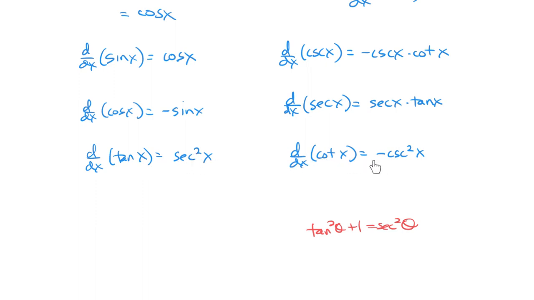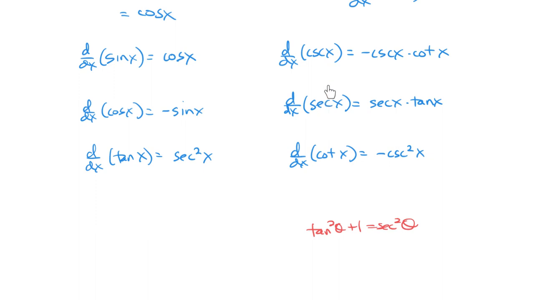Then it's easy to remember what cotangent would be with a cosecant, and it's a cofunction, so it's negative. And there's also a similar Pythagorean identity for cotangent: cotangent squared theta plus 1 is cosecant squared. So that's how I remember these.